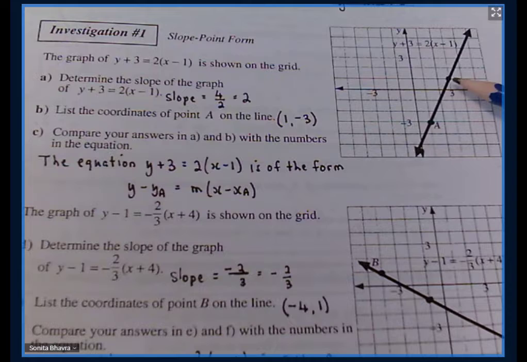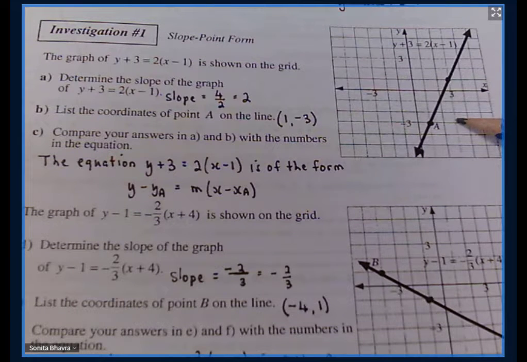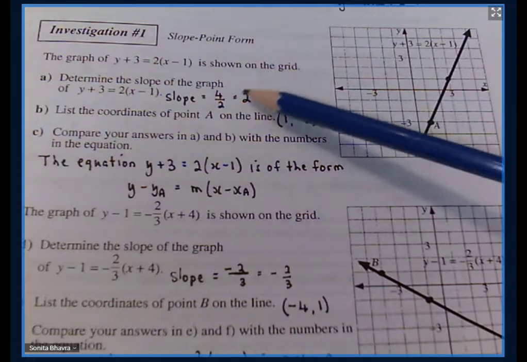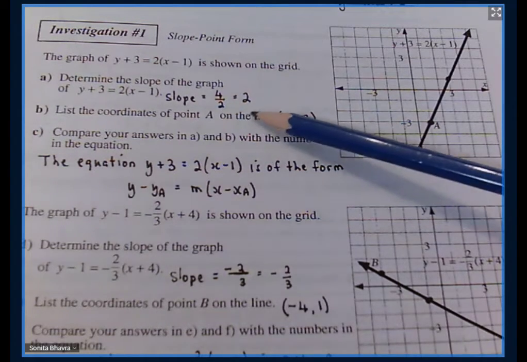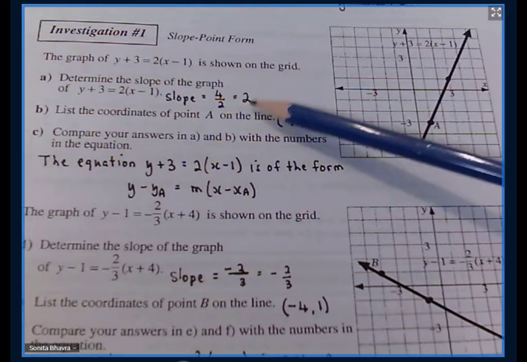The line is going up, so our slope is positive. We'll use these 2 points. Our rise is 1, 2, 3, 4, and our run is 1, 2. So our slope is 4 over 2, which reduces to a slope of 2.